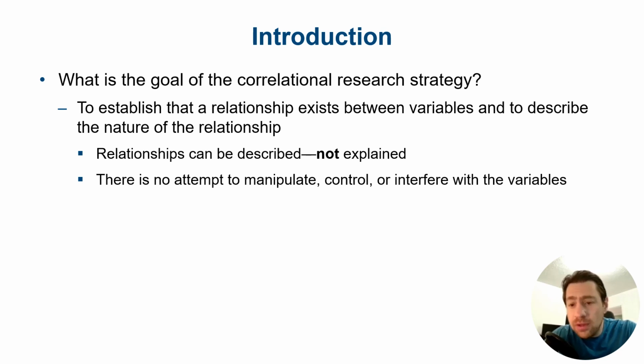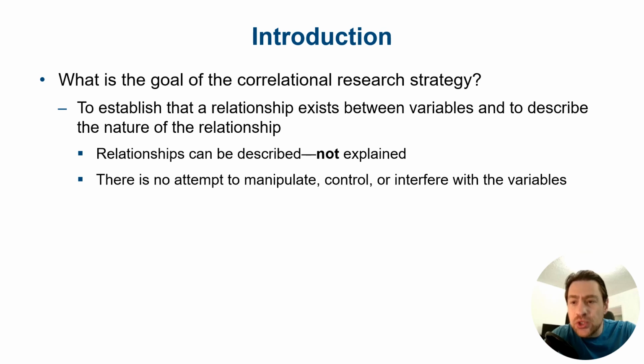And the goal of this strategy is to examine and describe the associations and relationships between variables. Now, this strategy differs from others by not attempting to explain the relationships, nor does it manipulate any variables or control any variables. It does not interfere with the world, merely describes it.